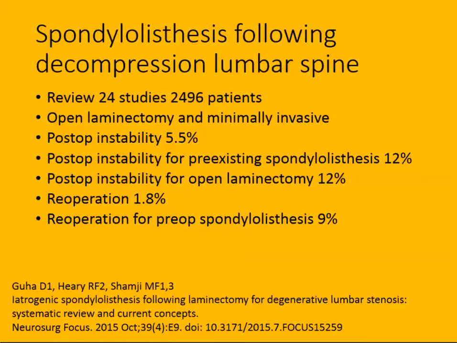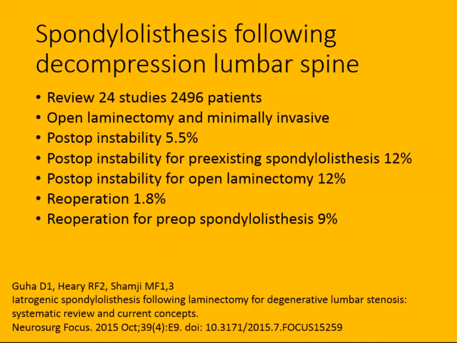So just a couple things on spondylolisthesis following decompression of the spine. This is an article from Neurosurgical Focus from 2015 where they reviewed 24 studies, about 2,500 patients, to evaluate spondylolisthesis after decompression. They had many different types of decompression, open laminectomy, minimally invasive, and they found post-op instability for decompressions was 5.5%.